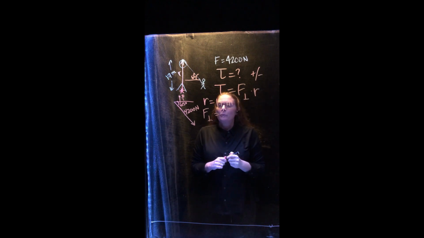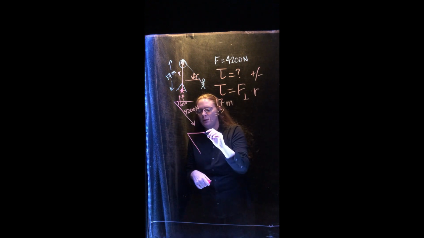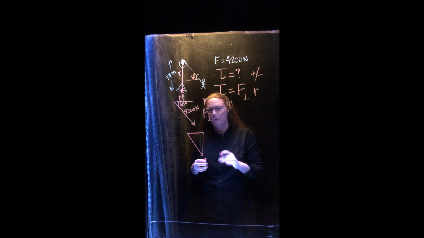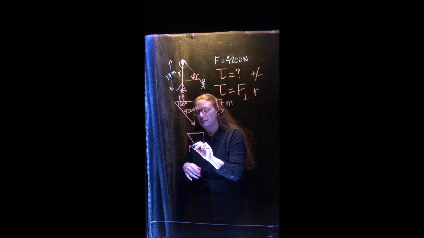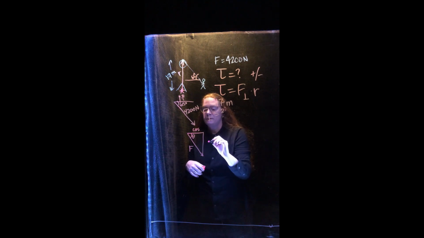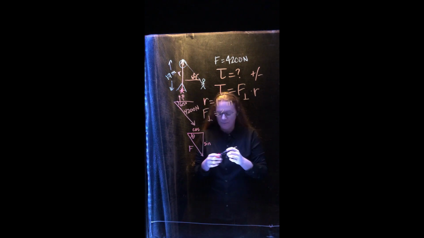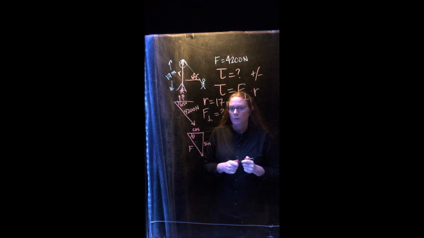Okay, we have a triangle, and we have the two components. Do we want the sine component or the cosine component for the perpendicular piece? So here's our F, here's our theta, here would be the cosine side, here would be the sine side. Which one is going to be perpendicular to the lever arm?